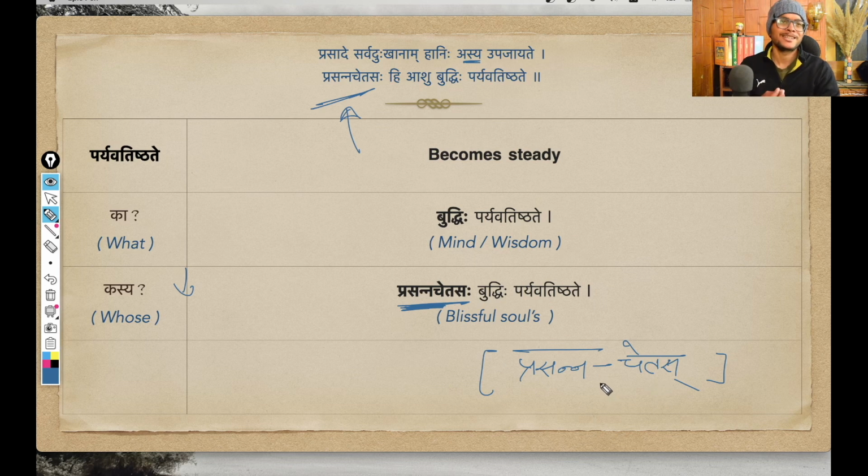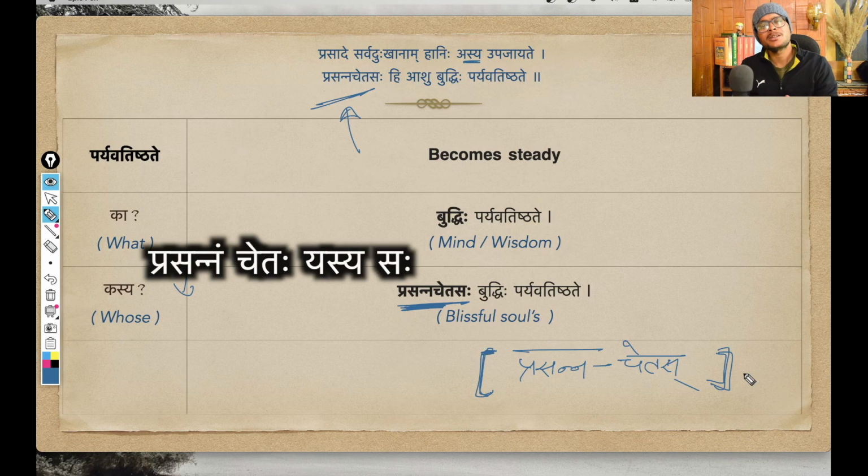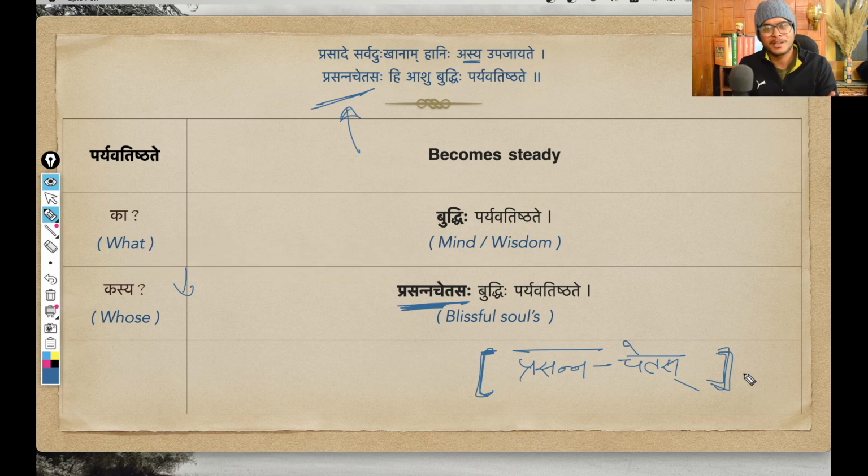See, prasanna in the sense of happy, satisfied, blissful, and chetas in the sense of consciousness, that being. And with this samasa, what are we trying to say? Prasannaha chetaha yasya. One who has now acquired a blissful consciousness. The consciousness is always blissful, but we have to see it in a relative light. That a person, a jiva who was bound, has now become this Vidheya Atma, Sthita Prajna person.